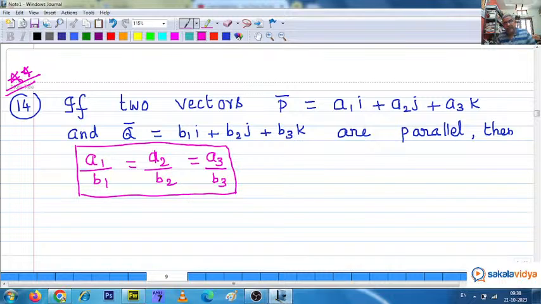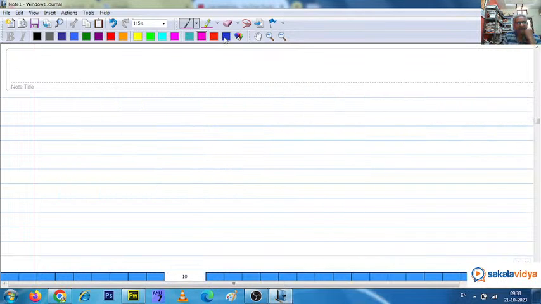Right. For example, if they are perpendicular, what will be the condition? That condition we are going to remember as the 15th one. So let me write once again.